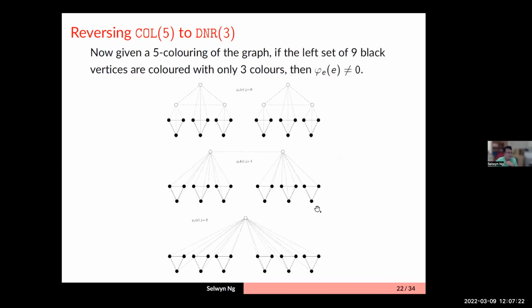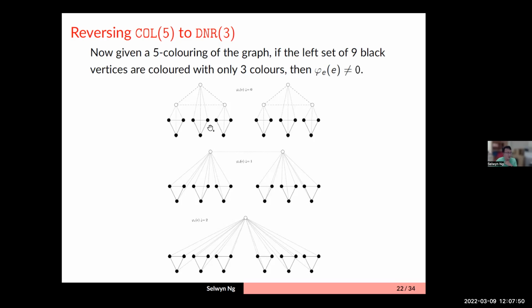It's easy to see that if we are given a 5-coloring of the graph, then we can deduce what is not possible. For example, suppose we are given a 5-coloring of the graph, and the left set of 9 vertices here are only colored with 3 colors.